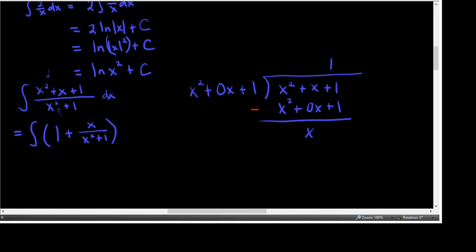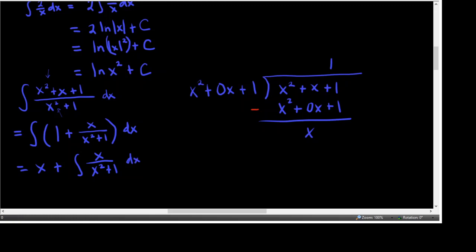This happens to be a polynomial of degree 0, which we know how to do. That's easy. The integral of 1 is x. Easy peasy. So I'm going to just separate these in my head and write down the answer to the first part, and then delve into the second part a little bit more deeply.